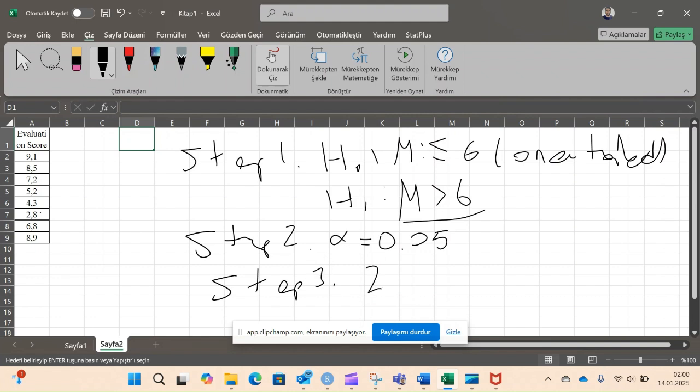Step 3, calculate the test statistic, which is the Z statistic here, because we know the population standard deviation. The formula is x mean minus mu 0, divided by the population standard deviation, sorry, not the sample standard deviation, divided by the square root of n.